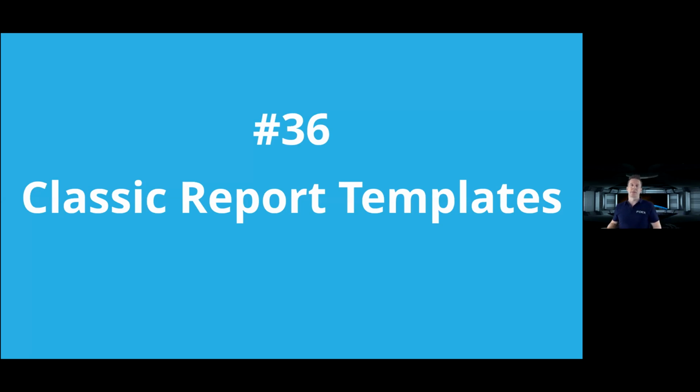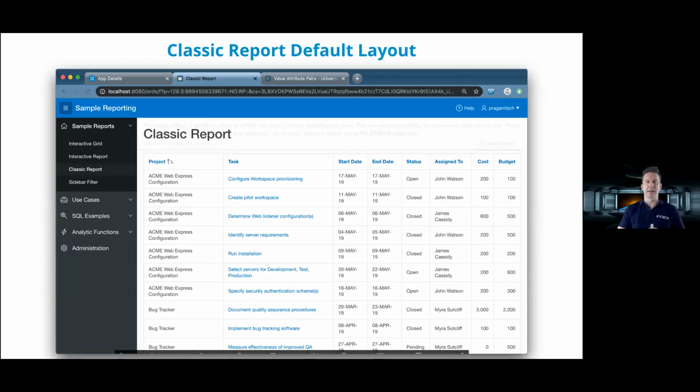Classic reports, I hate that name. Classic reports sounds like old, right? You say it to old cars, to old people, to old songs. Hey, that's a classic. But classic report isn't old. It's just a different type of report. And it has many features that are interesting. And the biggest one is the use of templates.